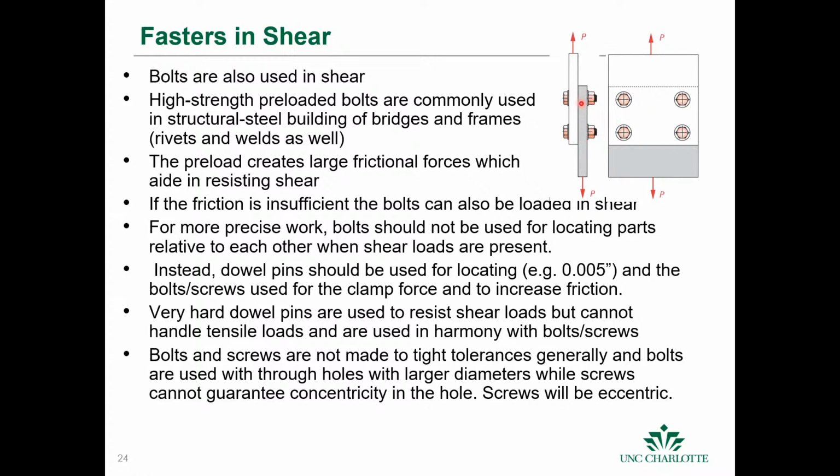Now, if you're doing more precise work and you're assembling a machine, bolts are not the best thing to use to locate parts. Okay? Instead, people use dowel pins, and they're all over the place in machines. Dowel pins do two things for you. They help take up the shear loads, but they also help in locating features, so that when you assemble and disassemble a machine or assembly, you can locate it with sufficient tolerances.